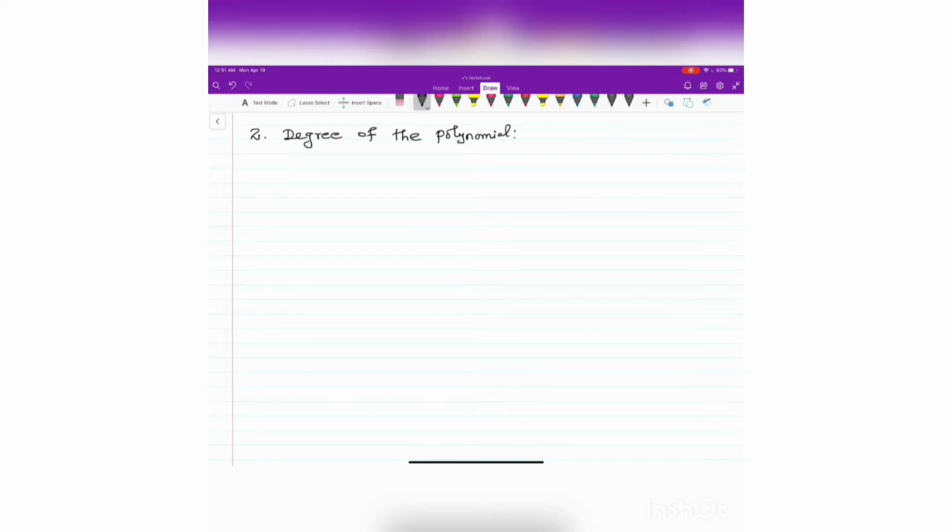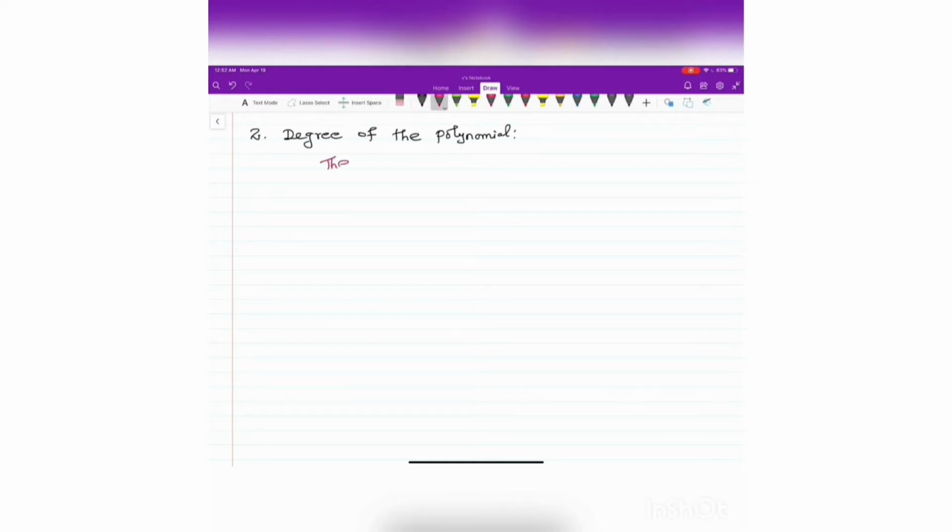If any polynomial is given to you in any variable, let us consider a polynomial in x. Then the highest power of x in the given polynomial is known as its degree. So let me write it for you.